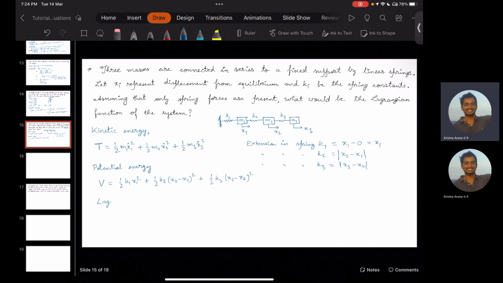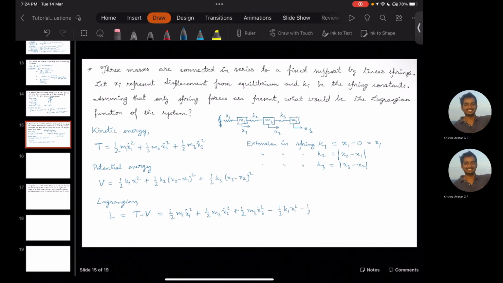Now we can construct our Lagrangian. L is equal to T minus V. And this is nothing but half m1 x1 dot squared plus half m2 x2 dot squared plus half m3 x3 dot squared minus half k1 x1 squared minus half k2 and so on.